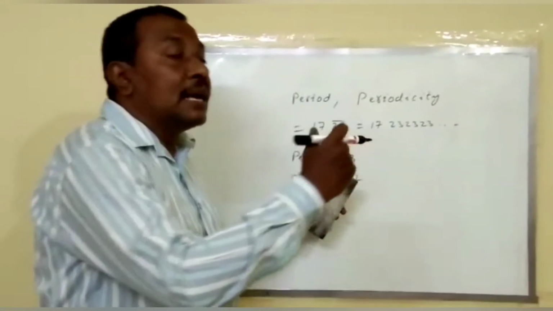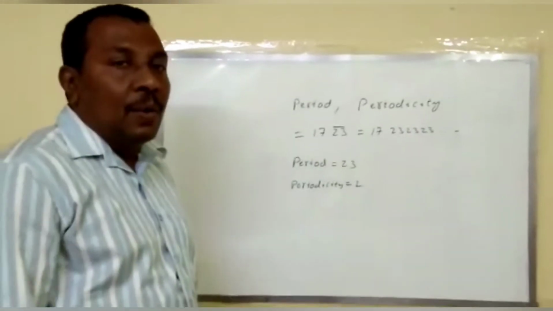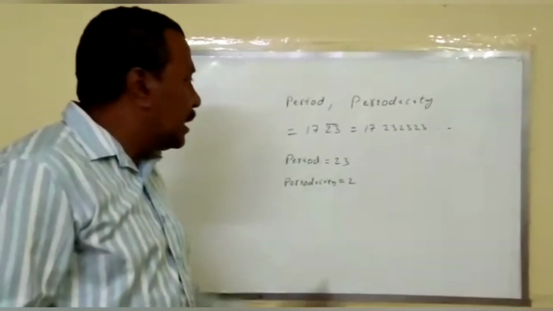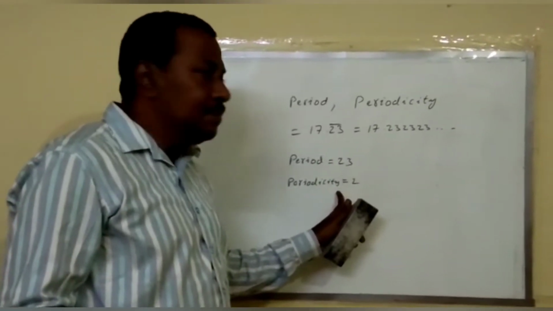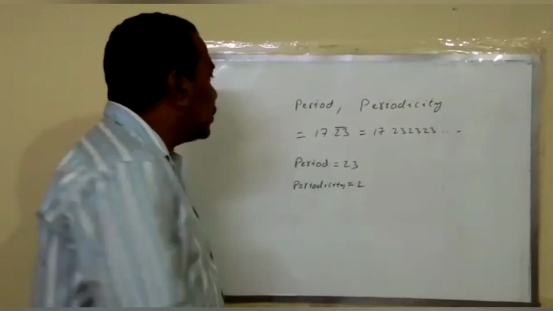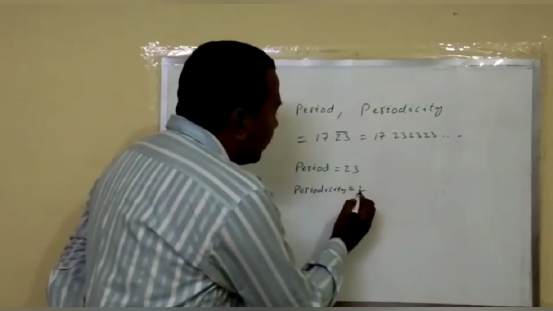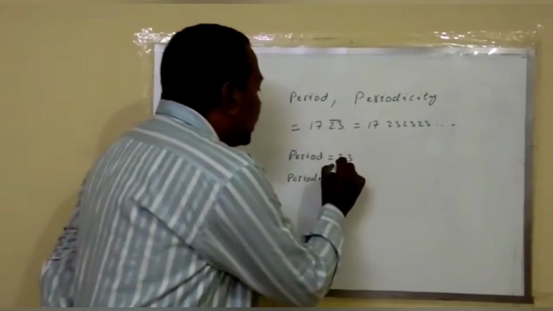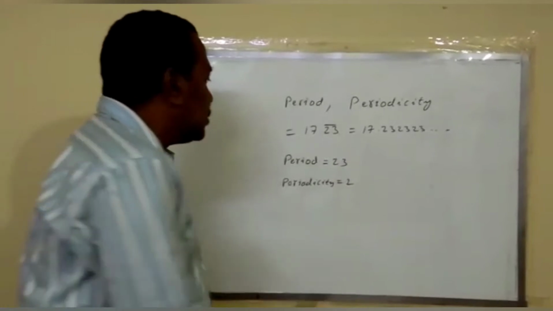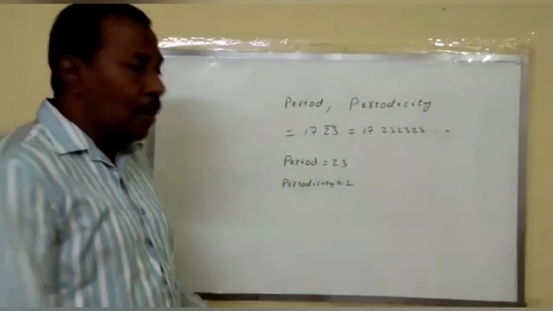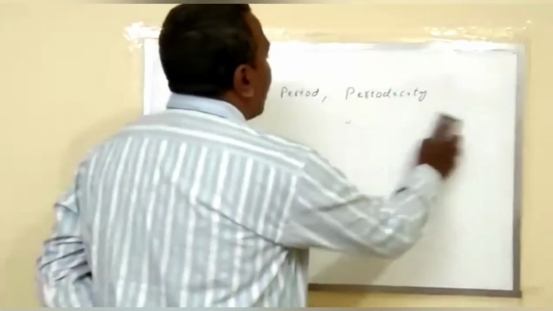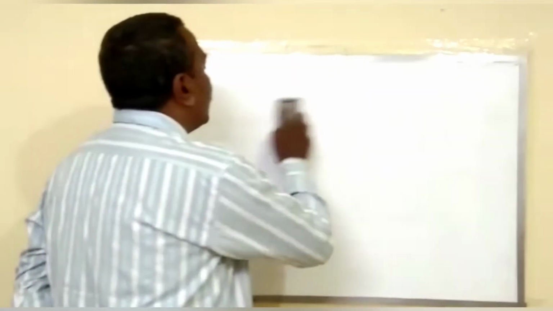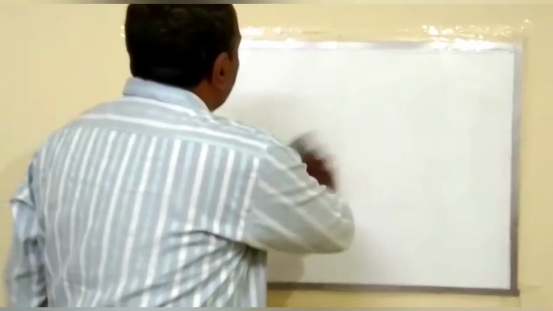The digits that are recurring continuously are called the period. Here 2 digits are repeating, so the periodicity is 2, and the digits 2 and 3 are repeating continuously, so the period is 23. So you understood what a period and periodicity are.